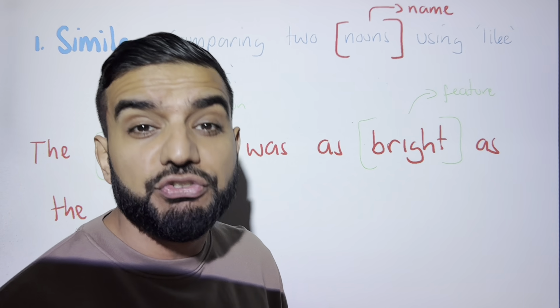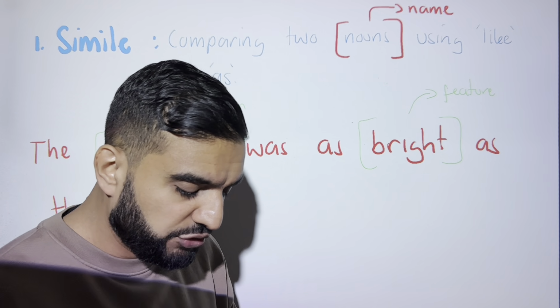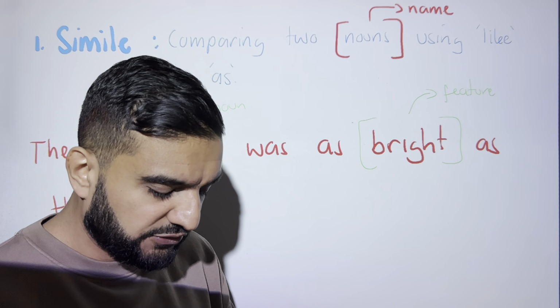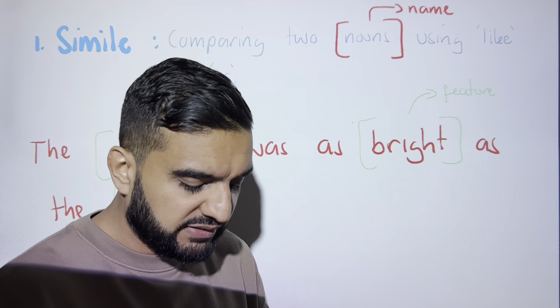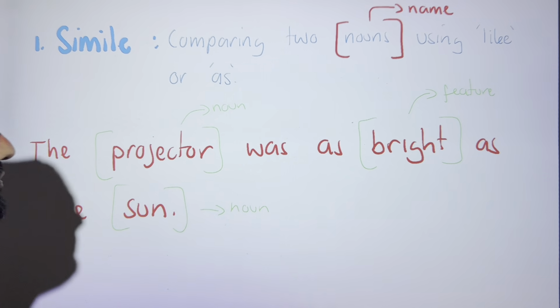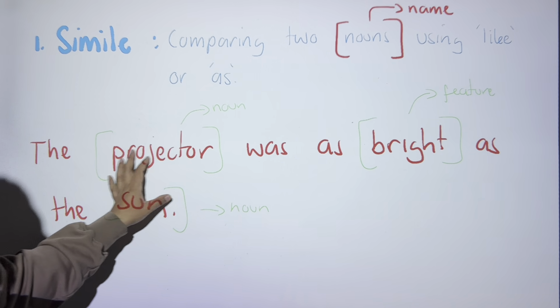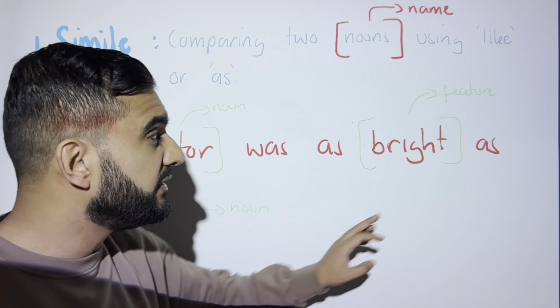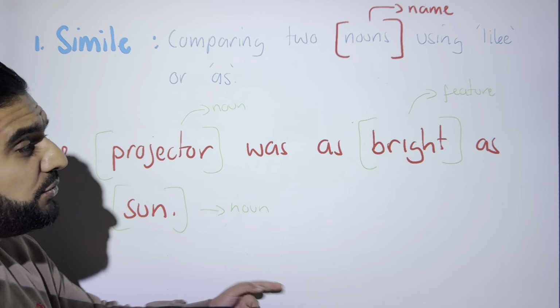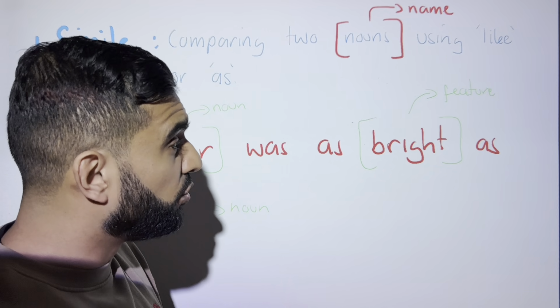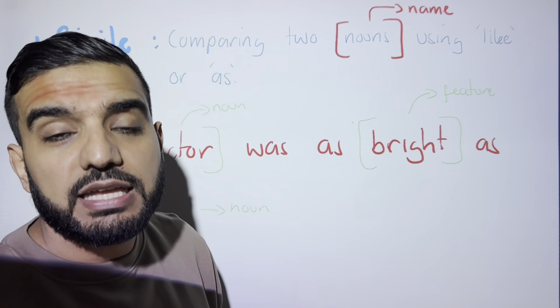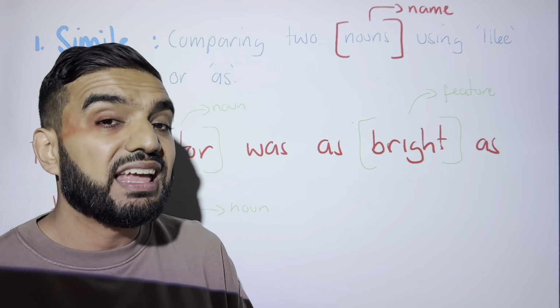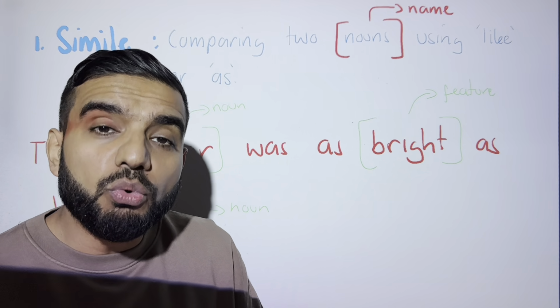What else is really, really bright? And I chose the most obvious thing, guys, which is the sun. And that was my second noun. And there is my sentence, guys. The projector was as bright as the sun. Two nouns with the feature. And of course, I've got the word as in the sentence to compare. And that's it. That's all it takes.